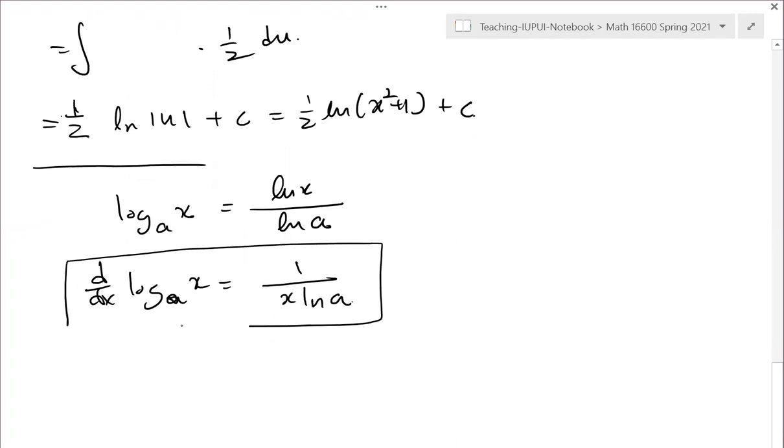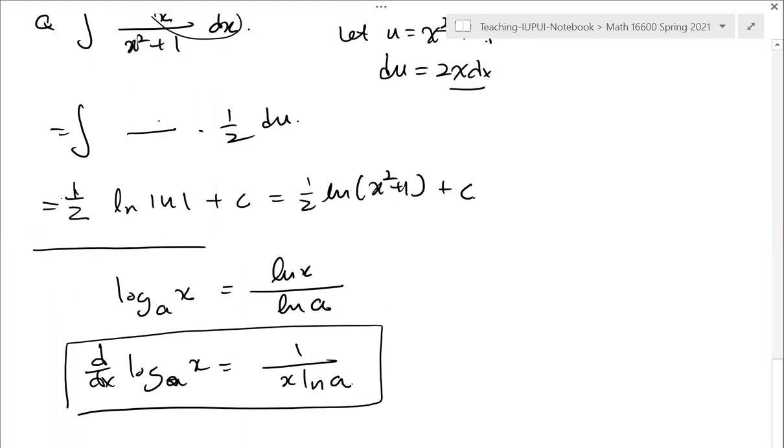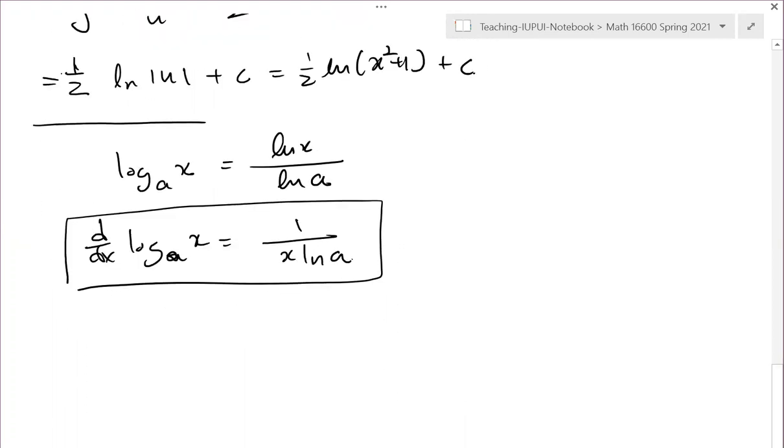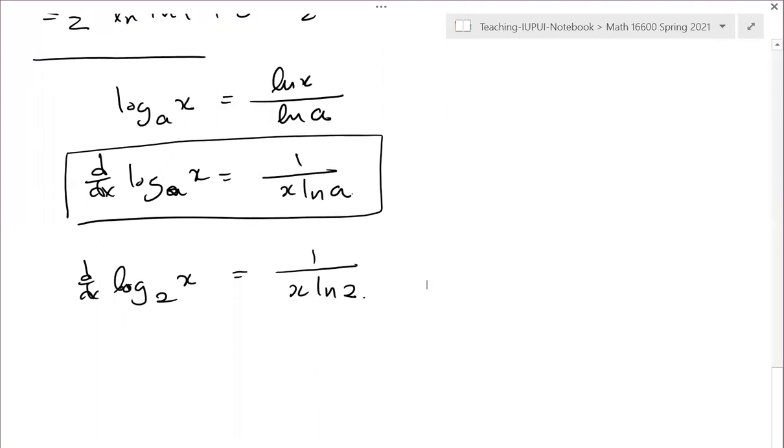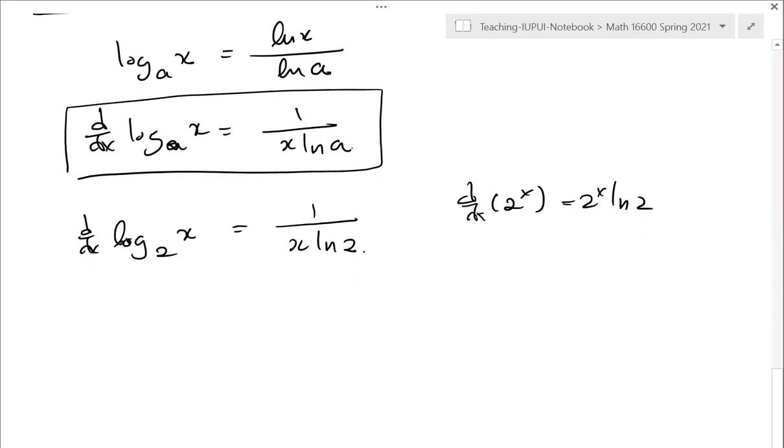So this is a very general formula. If you have to find the derivative of log of x with base 2, then that's going to be 1 over x natural log of 2. So the derivative, you always get a natural log. And the derivative of 2 to the x is going to be 2 to the x multiplied by natural log of 2.